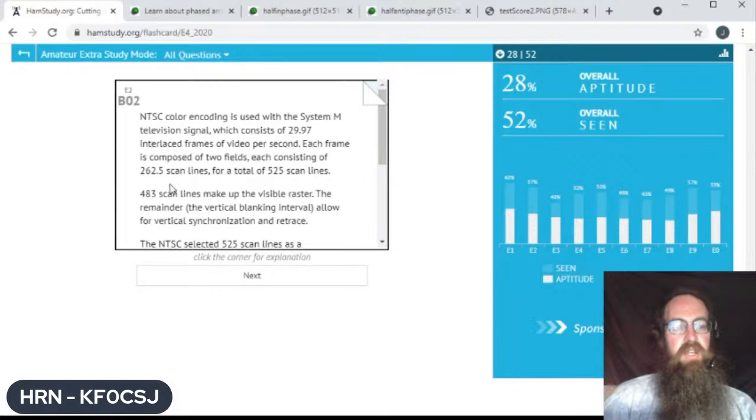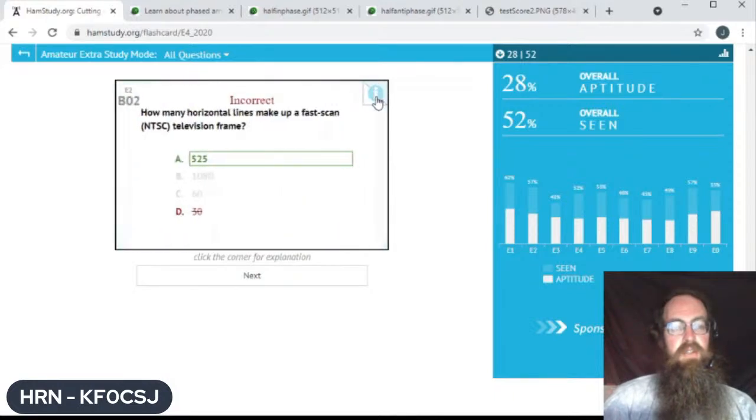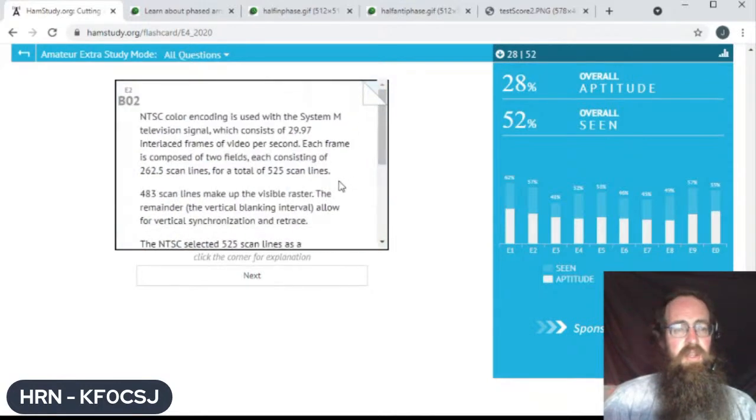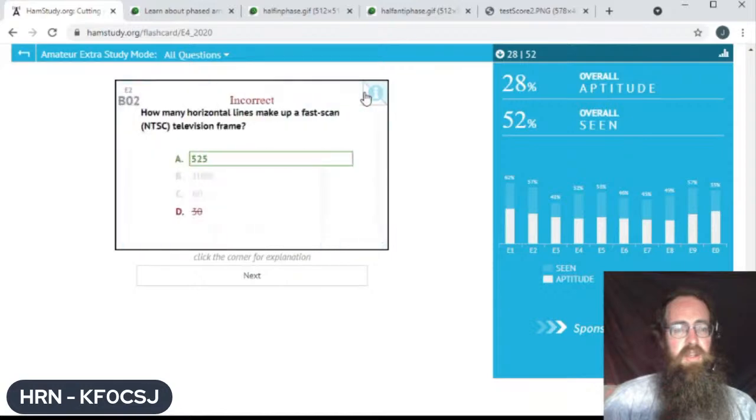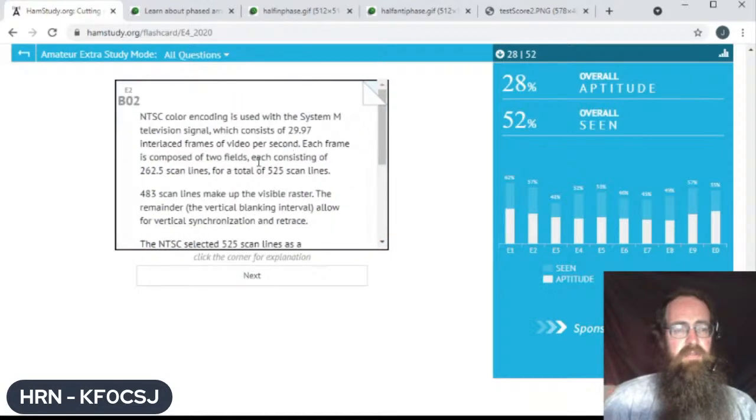Each frame is 262.5, so 525 per second. Okay, so it's 30 frames per second.